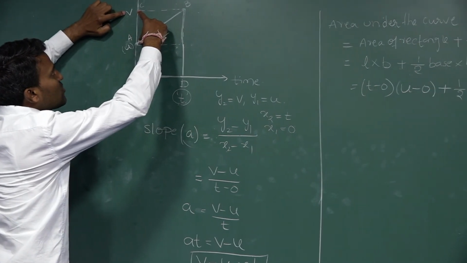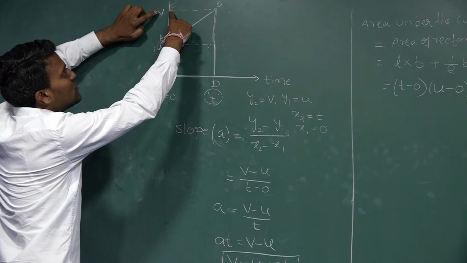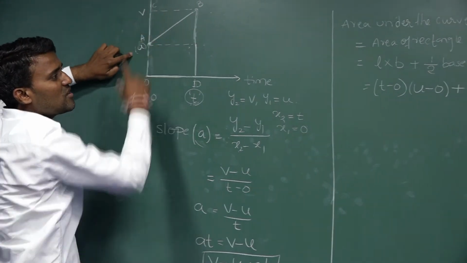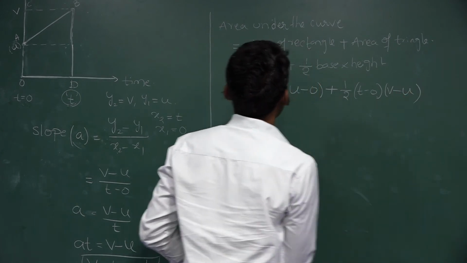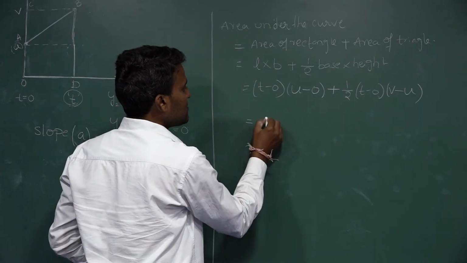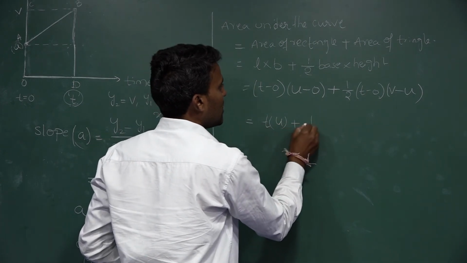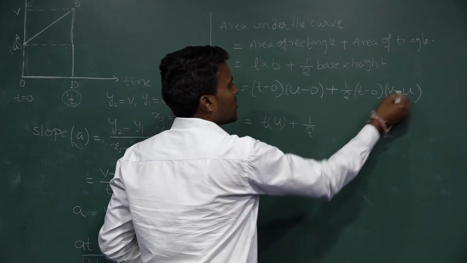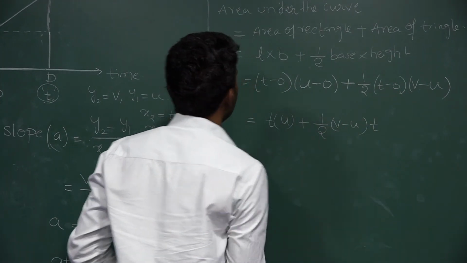Here final is the final velocity and initial is the initial velocity u. So the height is v minus u. We can write u t plus half (v minus u) t.